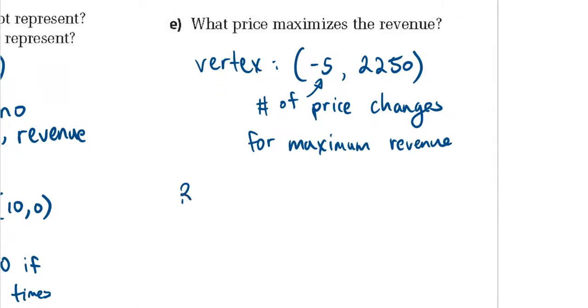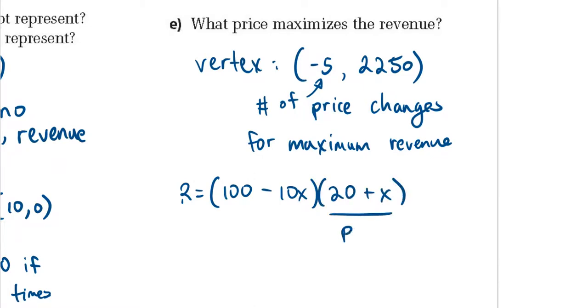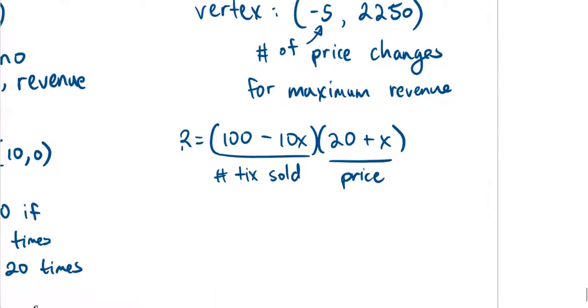So the revenue, remember, the revenue is equal to 100 minus 10x, and that's multiplied by 20 plus x. 20 plus x is my price. 100 minus 10x is the number of tickets sold, tix for short.